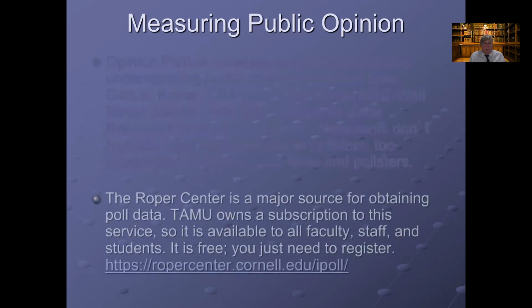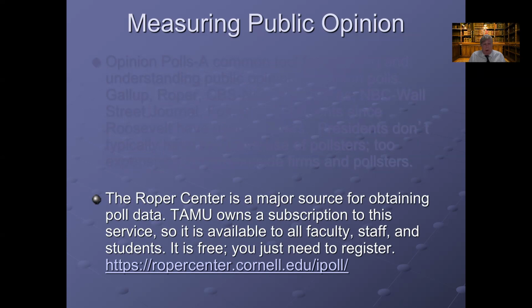A major repository, a major resource for obtaining public opinion data is the Roper Center. Texas A&M University owns a subscription to this service. What the Roper Center does is serve as a repository for polling organizations.